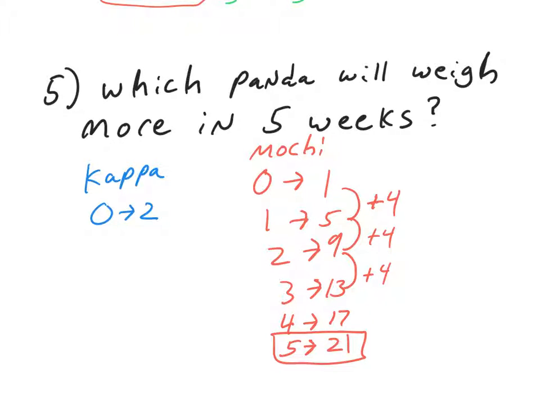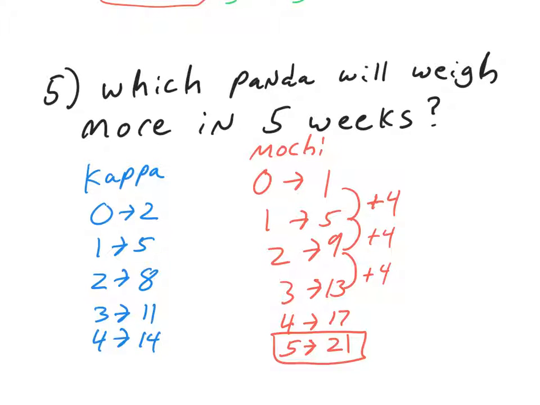On week 1, Kappa weighed 5 pounds. On week 2, Kappa weighed 8 pounds. On week 3, Kappa weighed 11 pounds. And then on week 4, Kappa weighed 14 pounds.